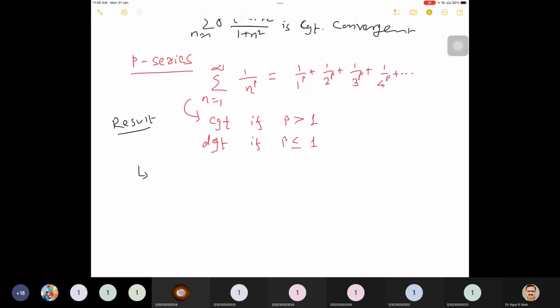Like the series 1 upon n square, that is 1 upon 1 plus 1 upon 2 square, 1 upon 3 square, 1 upon 4 square, and so on. So this is a P series. What is p here? p is 2. So what is your conclusion, whether this series is convergent or divergent?